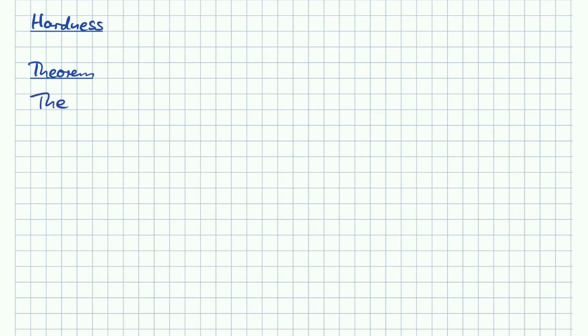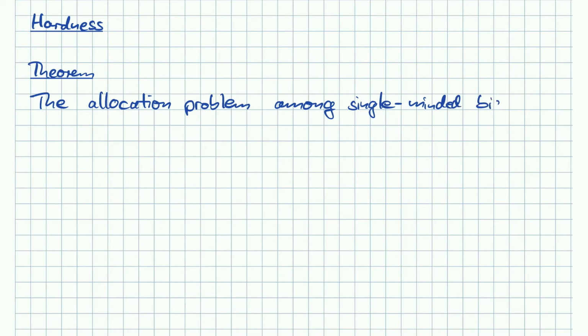More precisely, even the allocation problem among single-minded bidders is NP-hard.